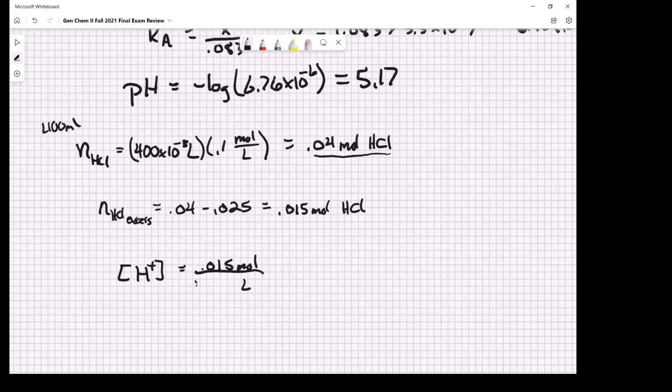That's right. 450 milliliters. Why? Because we started with 50 milliliters of the base, and we've added 400 milliliters of the acid.